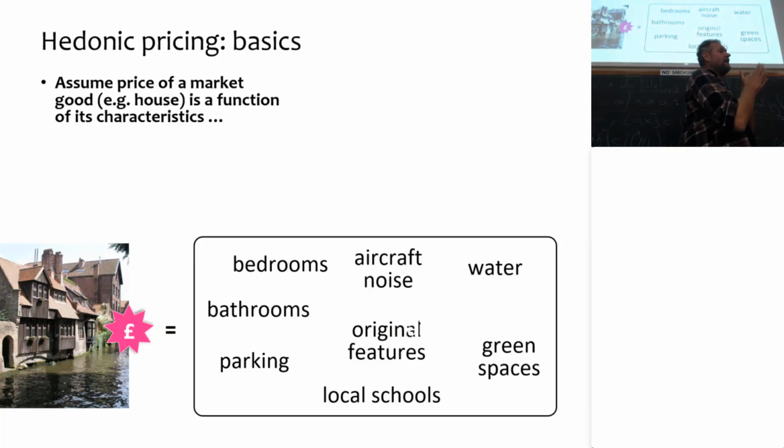So what do you do in a hedonic pricing study? That is what I said earlier. Essentially, you buy a bundle of goods. And if you buy a house, you don't just buy the number of bedrooms and the number of bathrooms, but you also buy, is there parking near? Are there planes flying over making lots of noise?